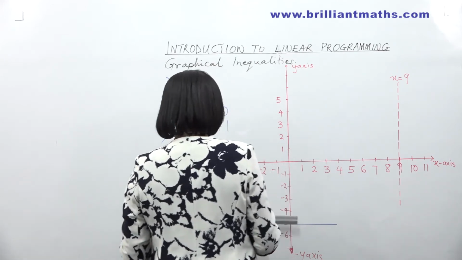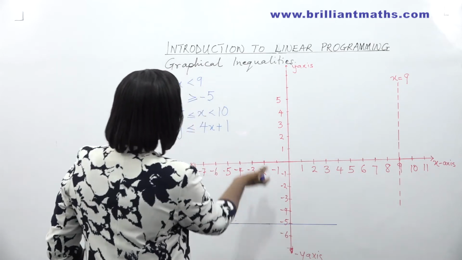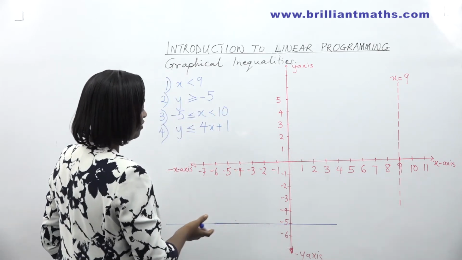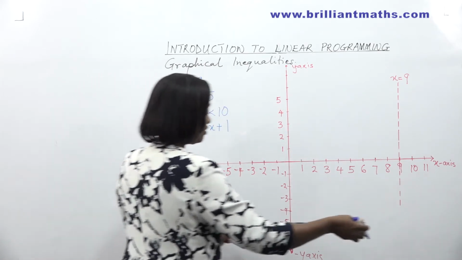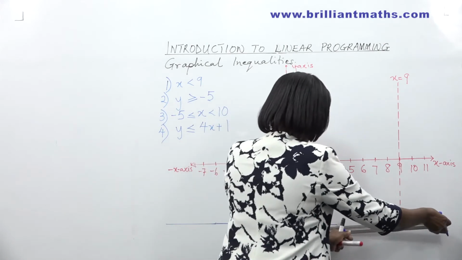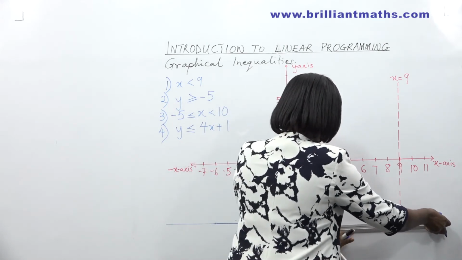So the region above minus 5, and minus 5 inclusive, satisfies the inequality.